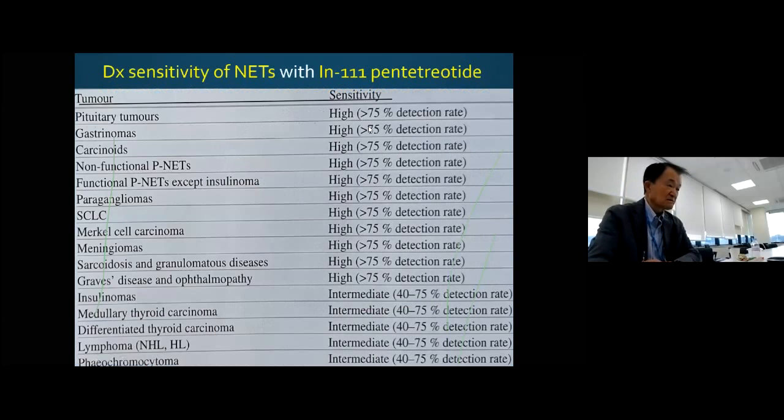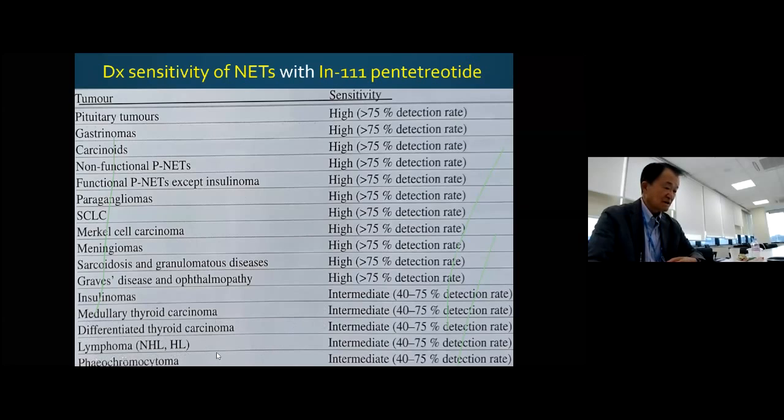According to the literature, detection is about 75 to 80%, which is clinically useful for any test. So all neuroendocrine tumors show this, but some you can see a little bit less.